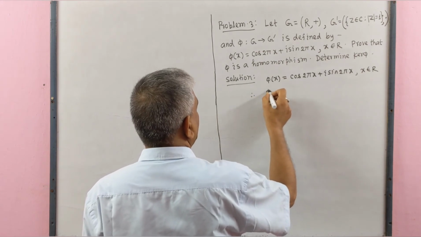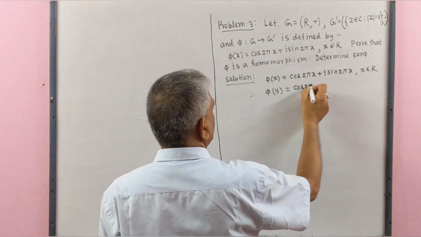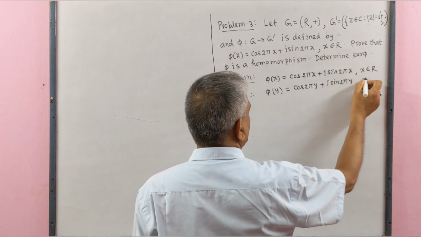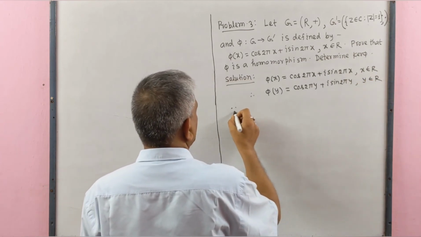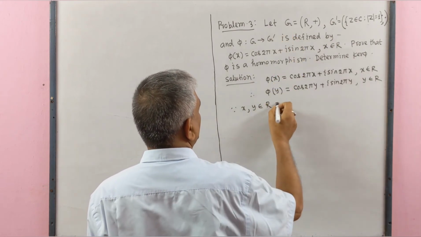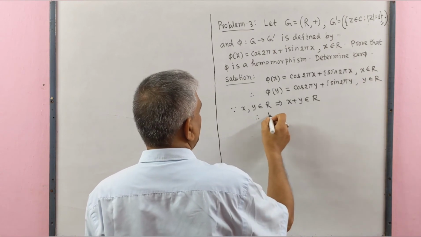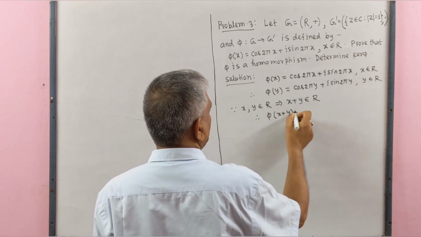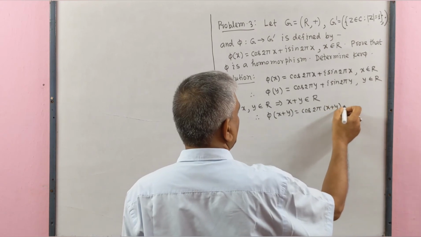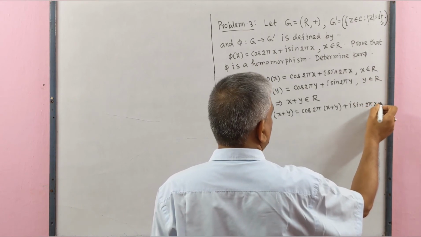Therefore, phi y equals cos 2 pi y plus i sin 2 pi y, y belongs to R. Since x, y belong to R, the real numbers, that is G, it implies that x plus y belongs to R. Therefore, phi of x plus y equals cos 2 pi (x plus y) plus i sin 2 pi (x plus y).